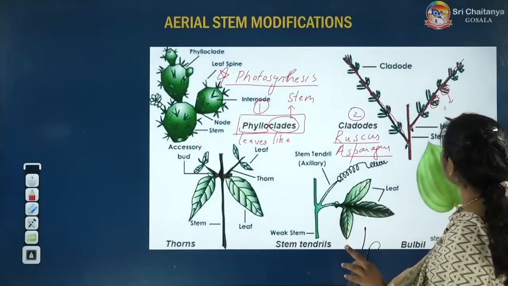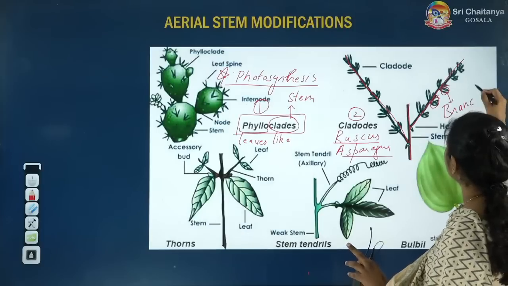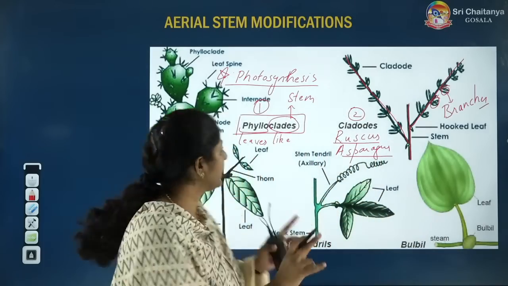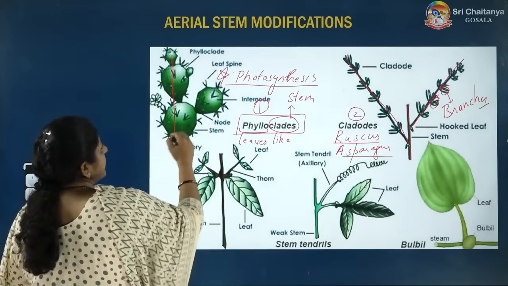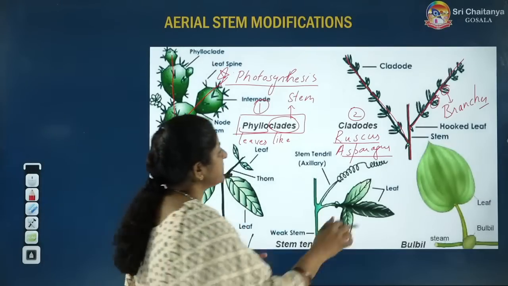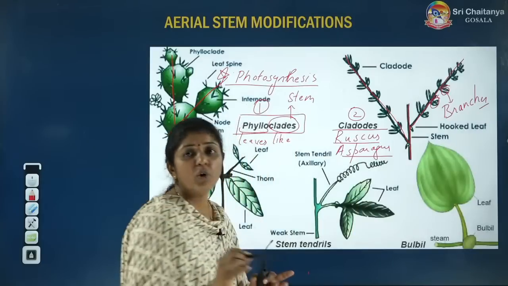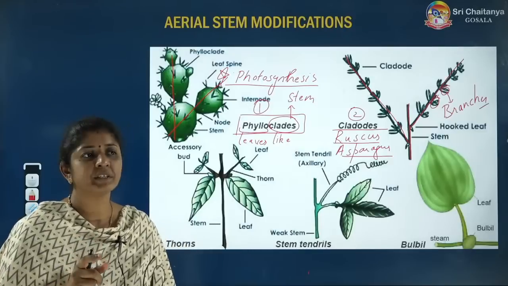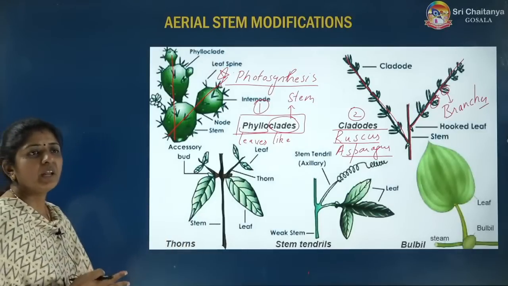These are the branches which become modified like the leaf. So I repeat, in phylloclade, main stem and branches all are photosynthetic, whereas in case of cladode, only branches are photosynthetic. Getting my point?